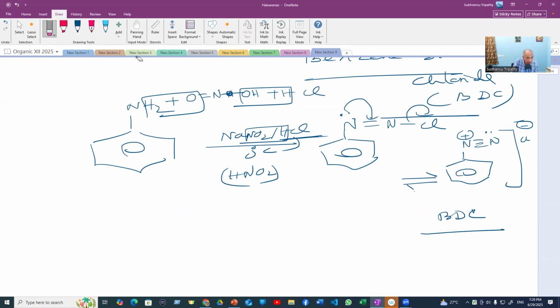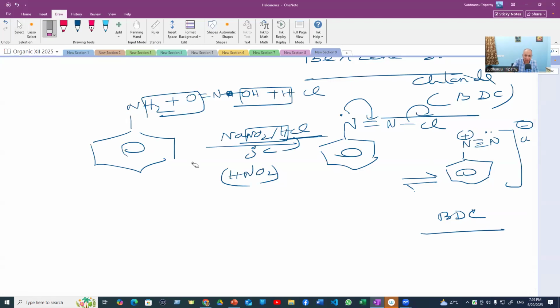Sometimes the reaction, as we shall study then, happens through the non-ionic structure, but most of the substitution reactions of BDC take place from the ionic structure, N triple bond N plus here and minus. The chloride ion is away, it's already gone. Now the leaving group is nitrogen gas.